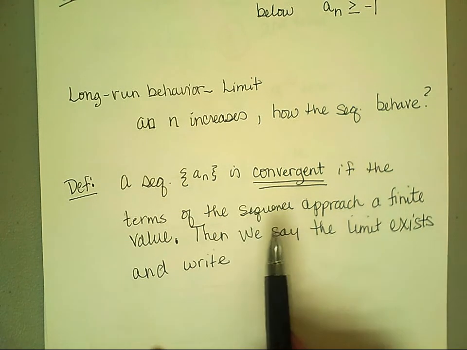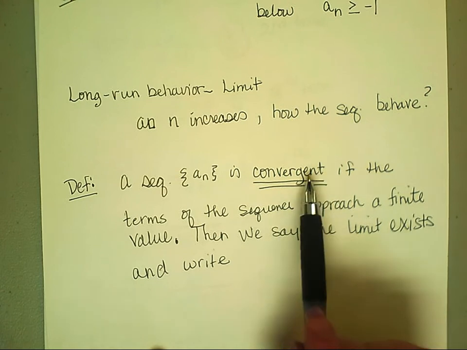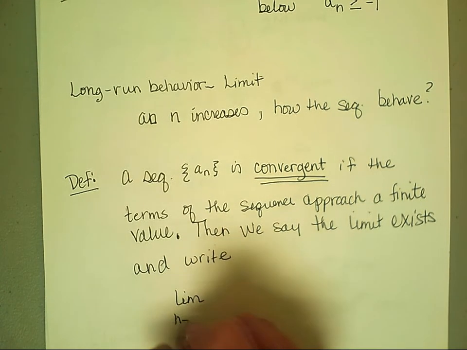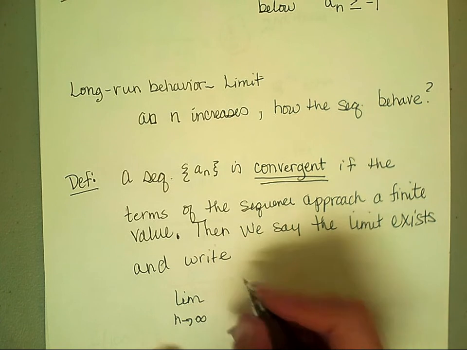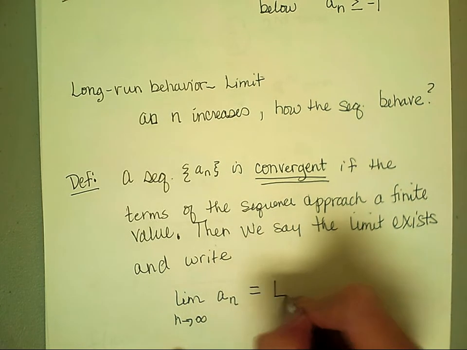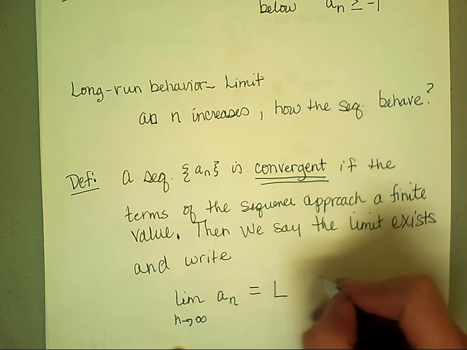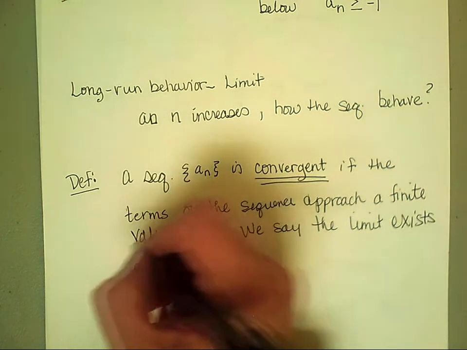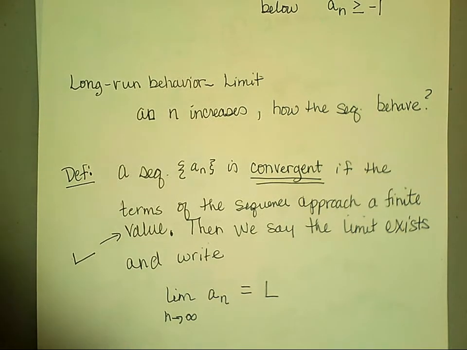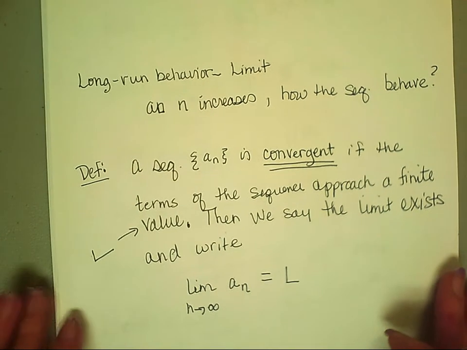Alright, so the limit existing for a sequence will mean that the sequence is convergent, and we can write then that the limit as n goes to infinity, that means as n increases, of our sequence A sub n will be equal to this finite value L. So the finite value we're going to call L. Okay.